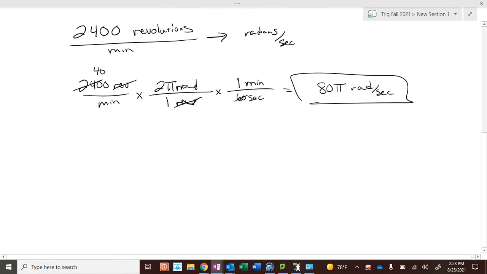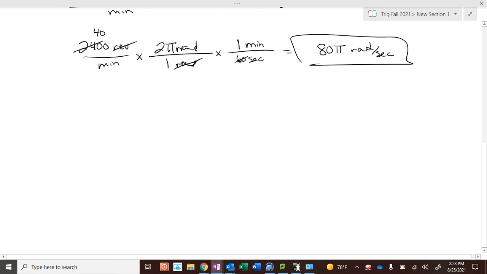So let's say we have a windmill that has blades 70 feet long. Those big wind towers, you know, those big blades. The blades are 70 feet long.